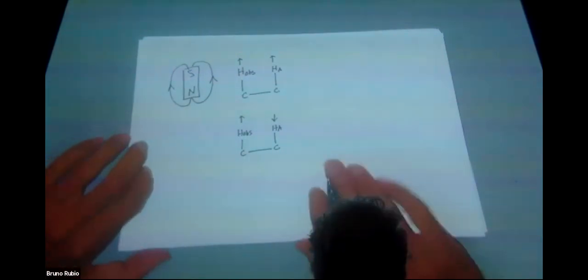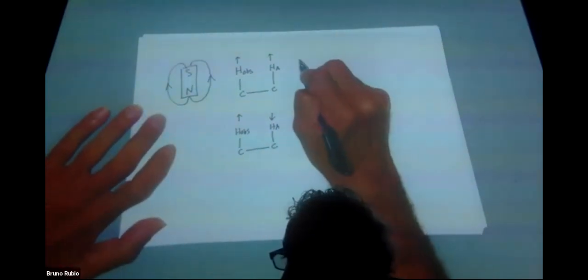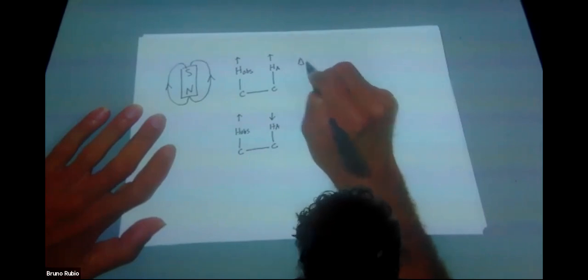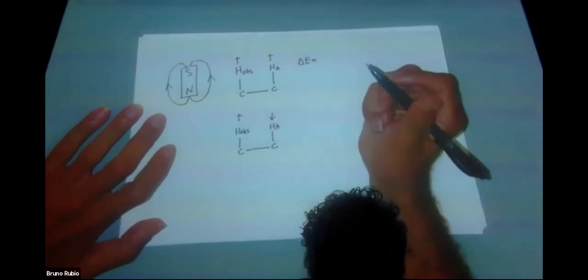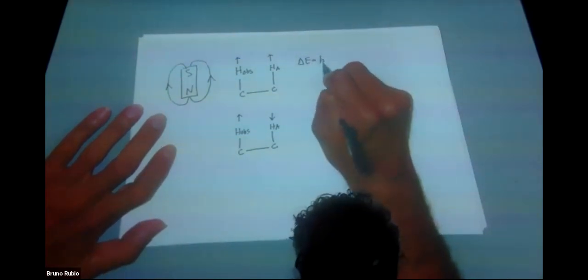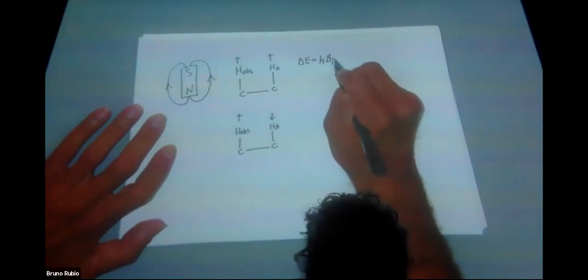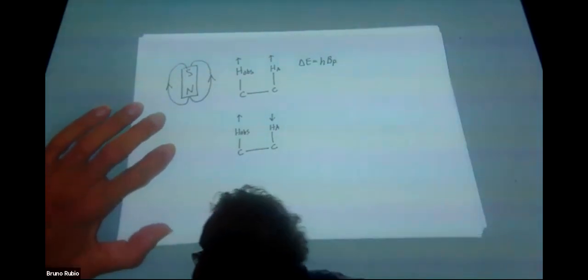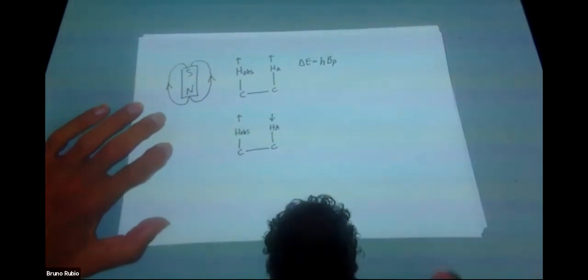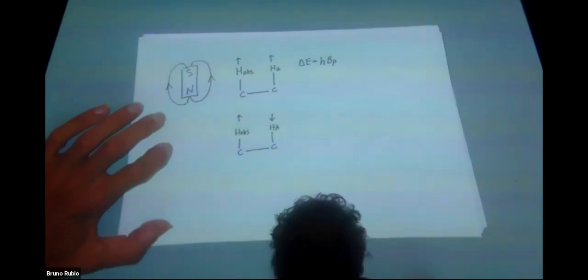Okay, and so we talked about an equation before, which is that the delta E, right, the energy gap between the spin up state and the spin down state, that is equal to h times the magnetic field experienced by the proton. But now here we reveal that a spin up proton and a spin down proton produce a tiny little magnetic field of its own.